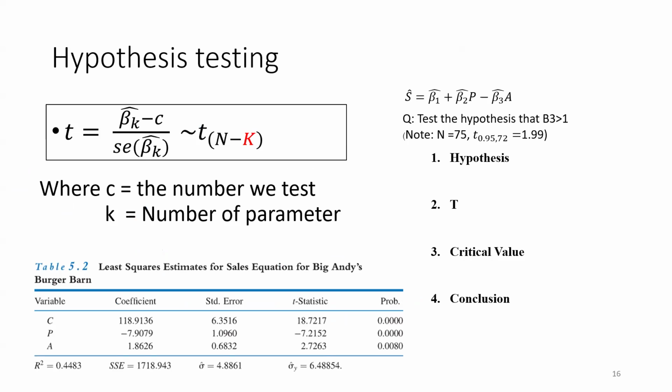Lucky. So let's try to do the four steps of hypothesis testing together before we take a break. From this equation, please test the hypothesis that beta 3 is greater than 1. Beta 3, so 1, 2, 3 here. So beta 3 greater than 1 is H0 or H1?